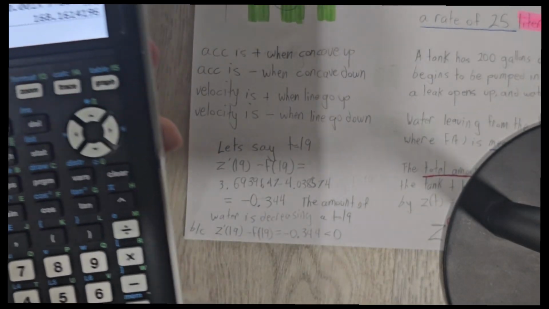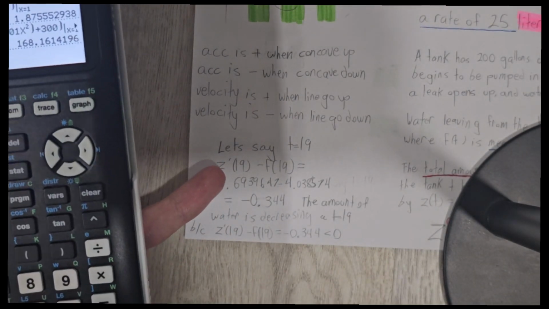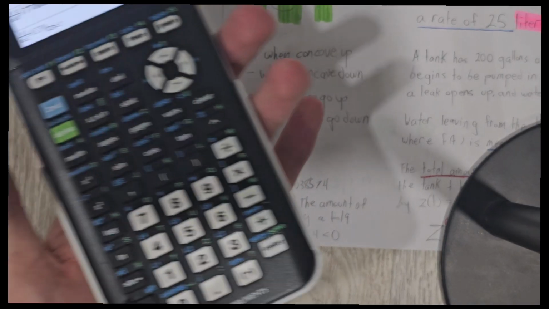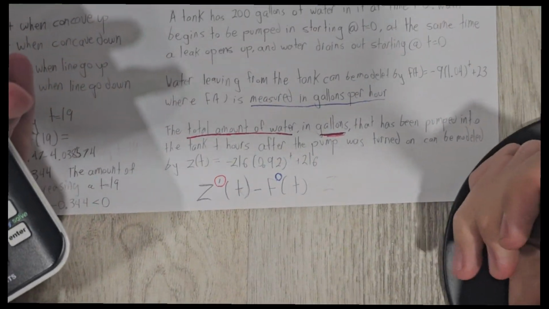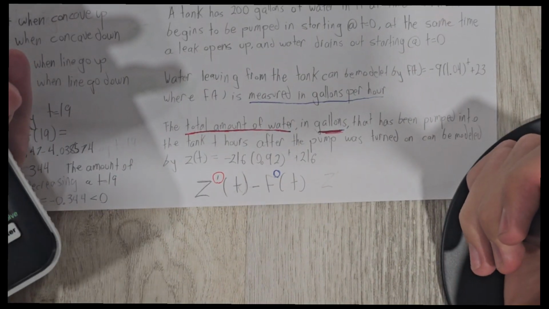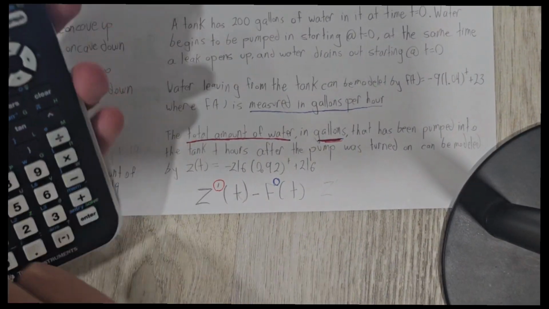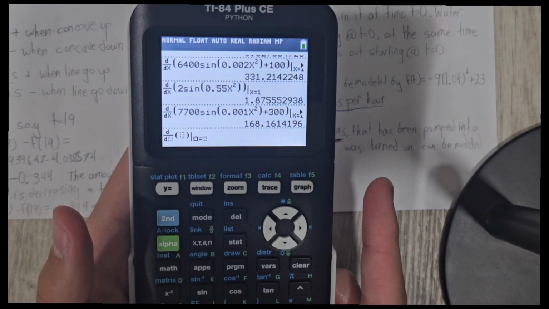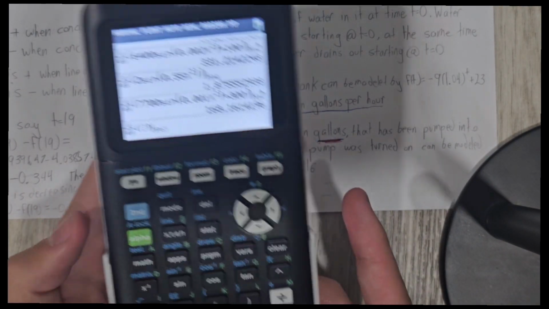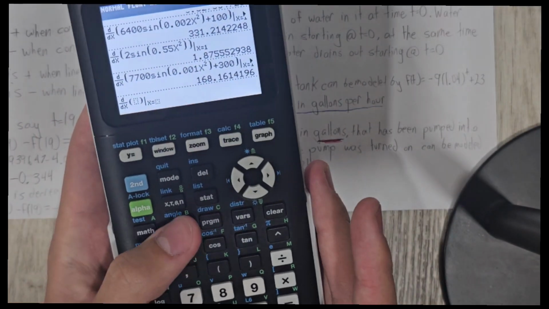So, since we just did this one right here, let's put in the derivative of z at 19. So let's take a look at what was the original equation? Negative 216(0.92)^t + 216. So, I'm going to replace t with the variable x. You could do alpha t, but you're saving yourself a lot of time if you do x.